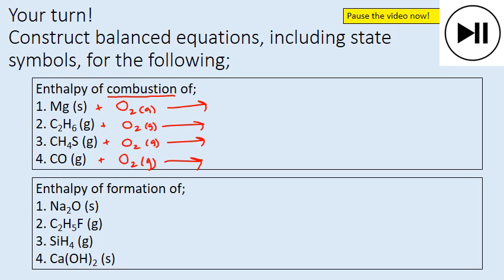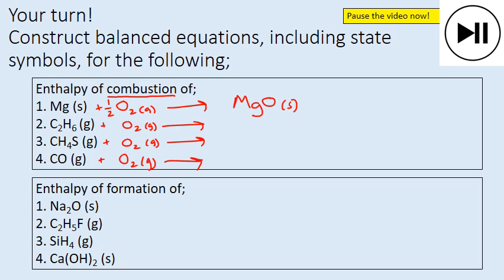And we cannot change the number in front of the Mg, C2H6, CH4S or the CO because they must be 1 mole, because by definition enthalpy of combustion is when 1 mole of a substance completely reacts with oxygen. Now magnesium reacting with oxygen will be oxidation. It's going to be magnesium oxide, which is MgO. Magnesium's in group 2, 2+, oxygen group 6, 2-. Its formula is MgO. That's ionic. It's going to be a solid. Is it balanced? No, I need half O2. That's the first one done.